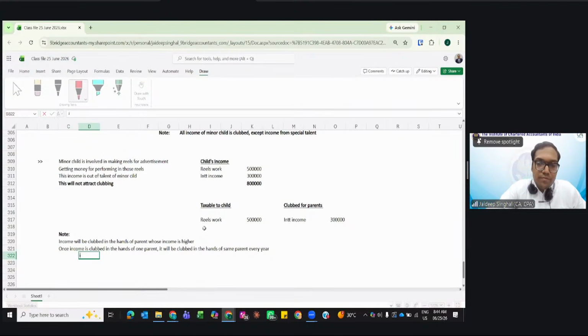If the assessee wants, he can review and change it.